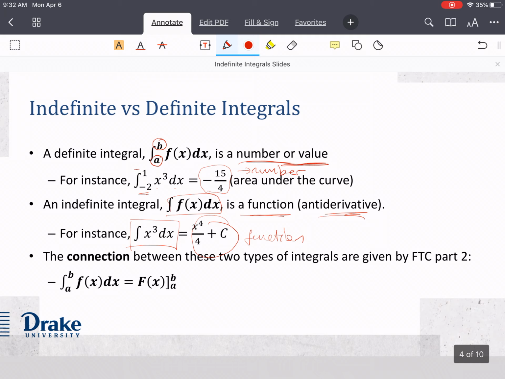We know the connection between these two types of integrals was established by the Fundamental Theorem of Calculus part 2. We know that this definite integral can be found by an antiderivative, which is an indefinite integral, evaluated at these values.